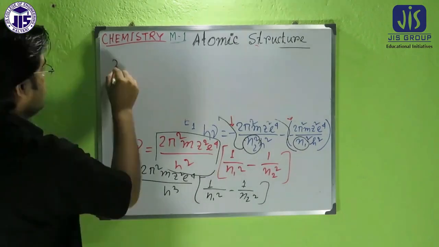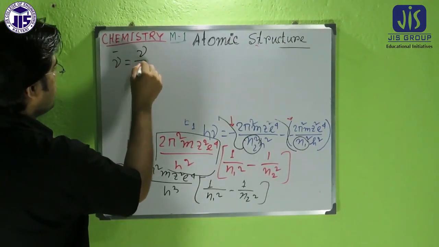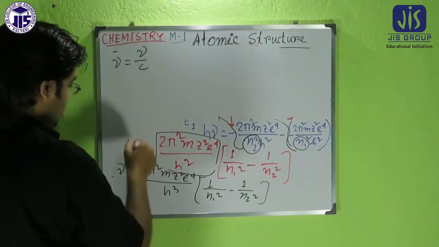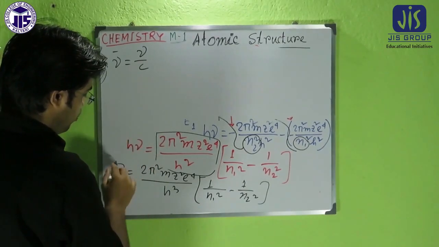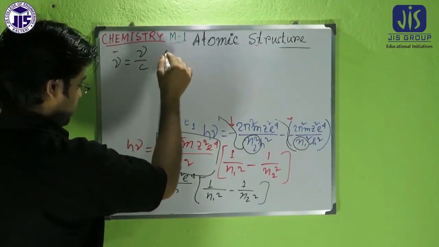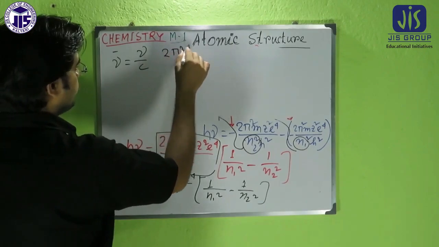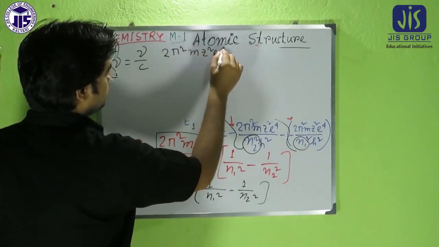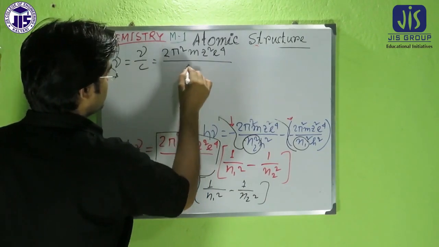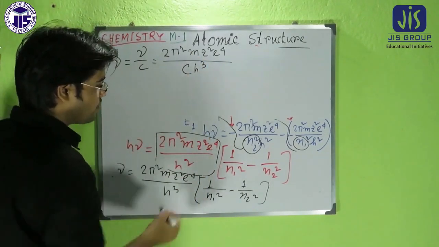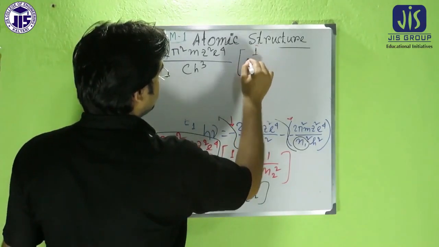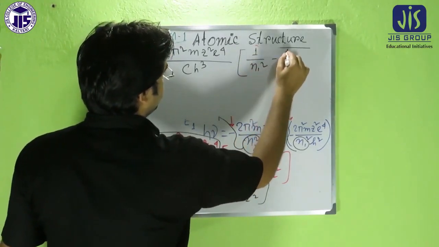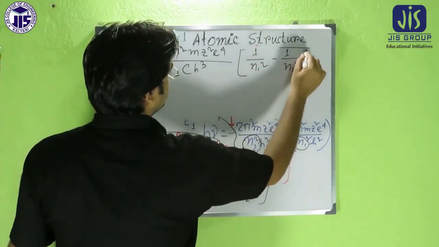Then we know that nu bar is equal to nu by c. So if we write the value of nu here, the equation will be 2 pi square m z square e to the power 4 by c h cube, times 1 by n1 square minus 1 by n2 square.